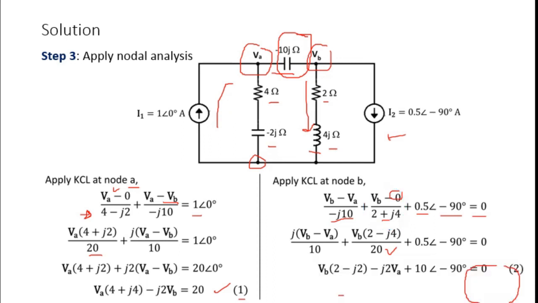When you solve this, the final expression is VB multiplied by 2 minus j2, minus j2 VA, plus 10 magnitude with the angle of minus 90 degrees, equivalent to 0, and we call this equation 2.